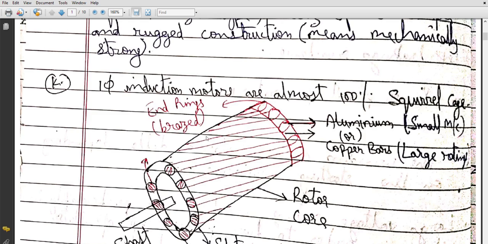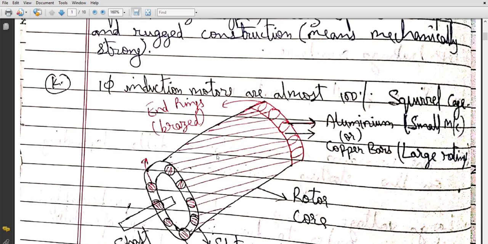There's no need to go into that design detail, but just remember one very important thing: this rotor will automatically develop as many poles as are present on the stator. So there is no problem of an equal number of poles needing to be present. It will automatically develop an equal number of poles as are present on the stator.